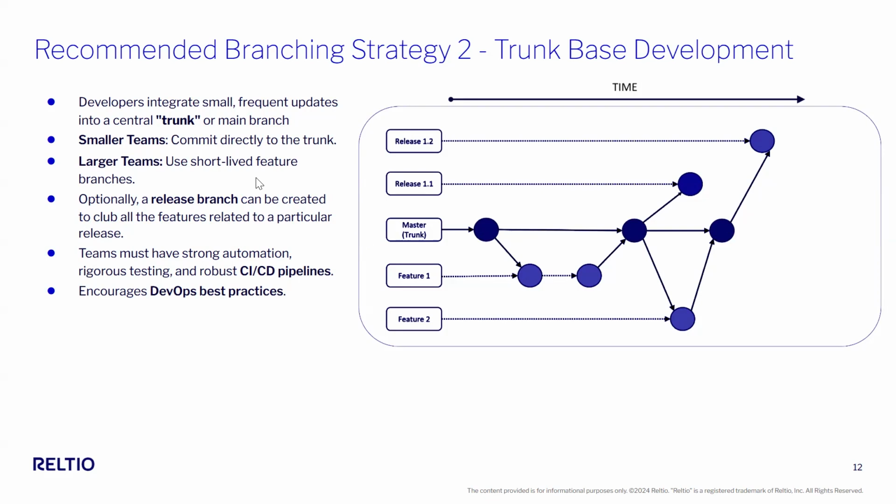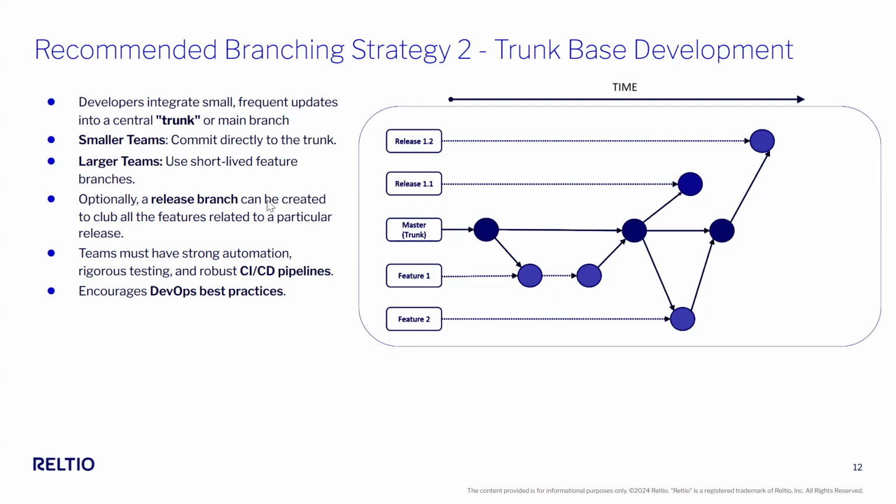There can be short-lived feature branches, as I depicted in the previous slide also, right? So that's more suitable for larger teams. If multiple developers are working on the same piece of code, they can use these feature branches to do their localized development and then push the feature branch to the master branch and tag it accordingly.